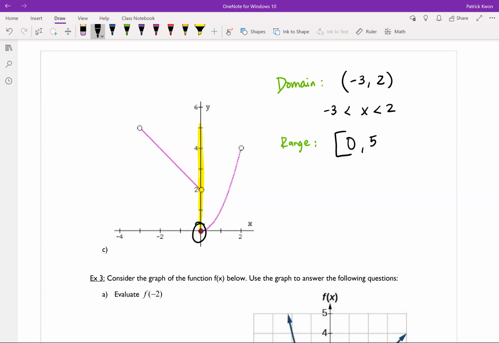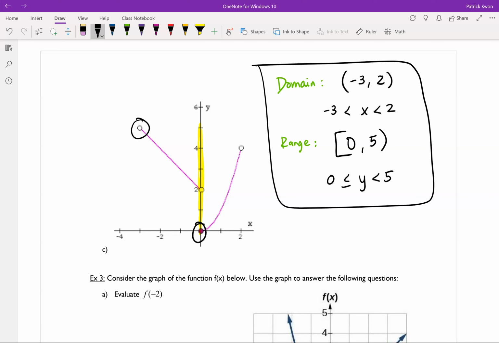And then for 5, we're going to put a parenthesis since that's an open circle right there. And for inequality notation, that's going to be y is greater than or equal to 0 and less than 5. So there is our final answer for that one.